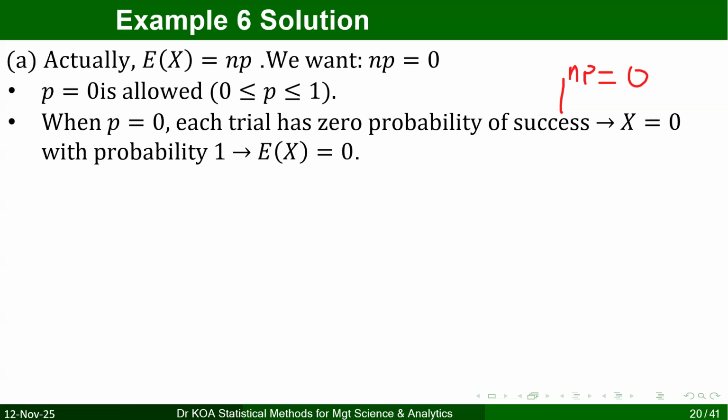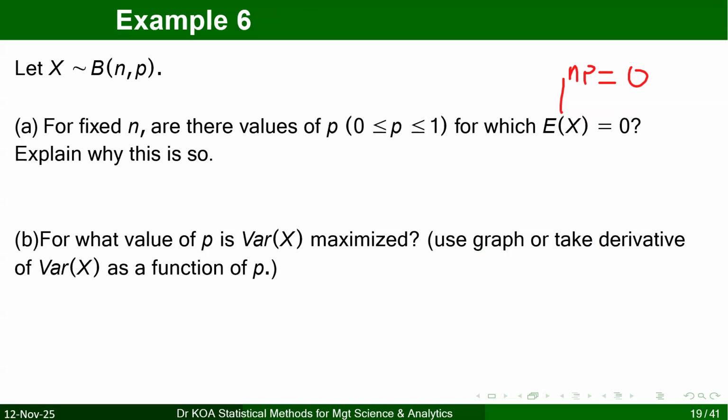What was the second one? The second one says, for what values of p is the variance maximized? Now, the word maximize is the same as optimize. Do you agree with that? Anytime you want to find whether a normal equation is maximized, you take the first derivative.